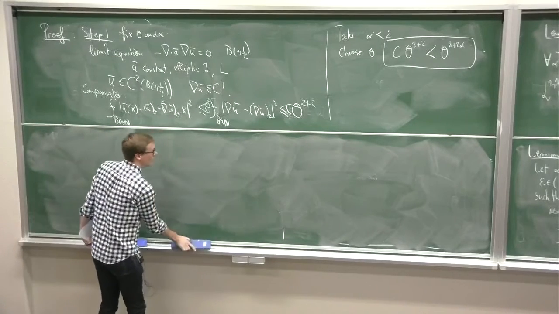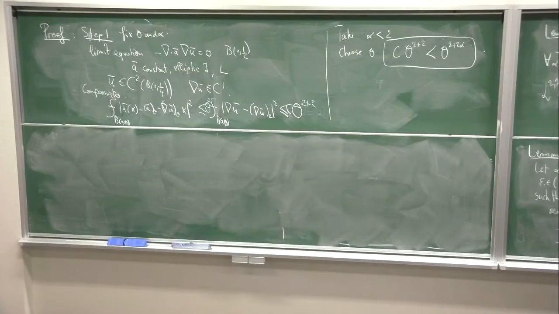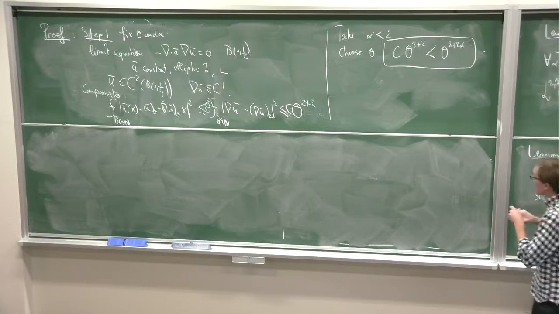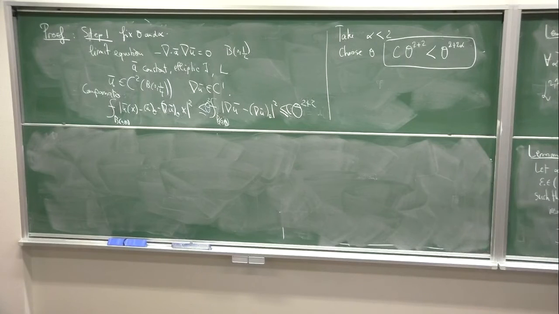Alpha is less than 2. This alpha is 0 point something. Yeah, alpha is strictly less than 2, but in the end you will get the same alpha here.